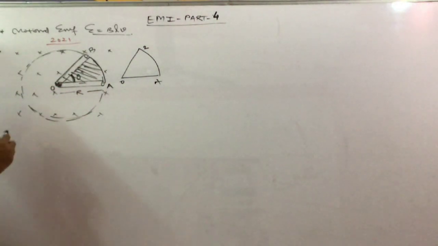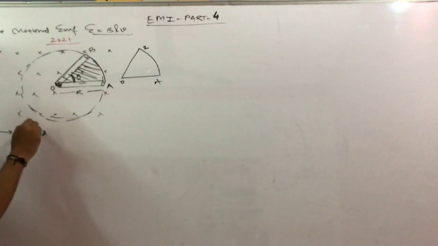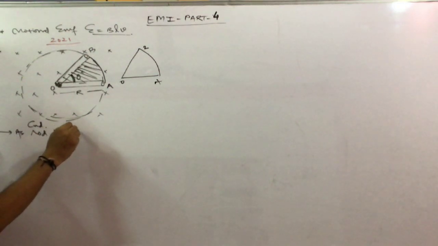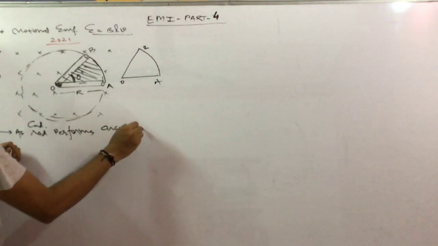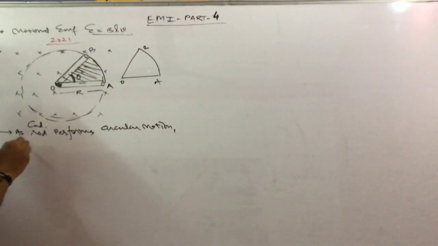So first of all, we start with the first point: the conducting rod performs circular motion.